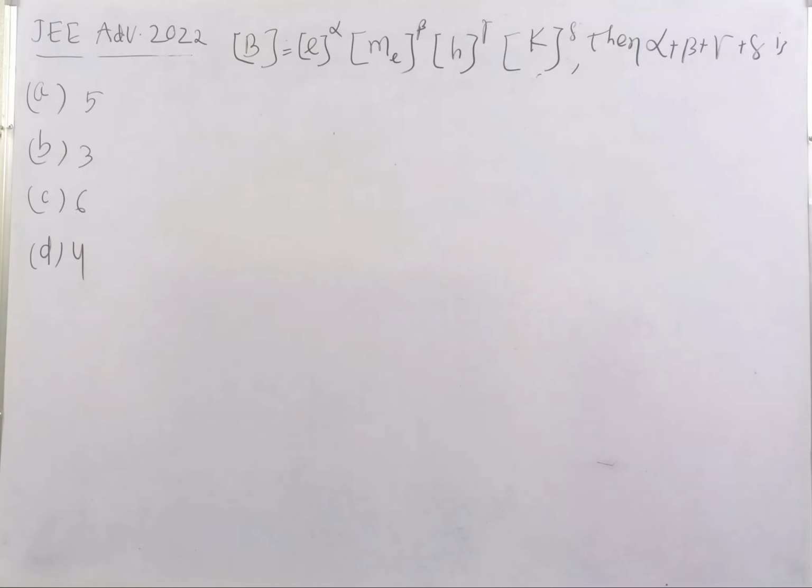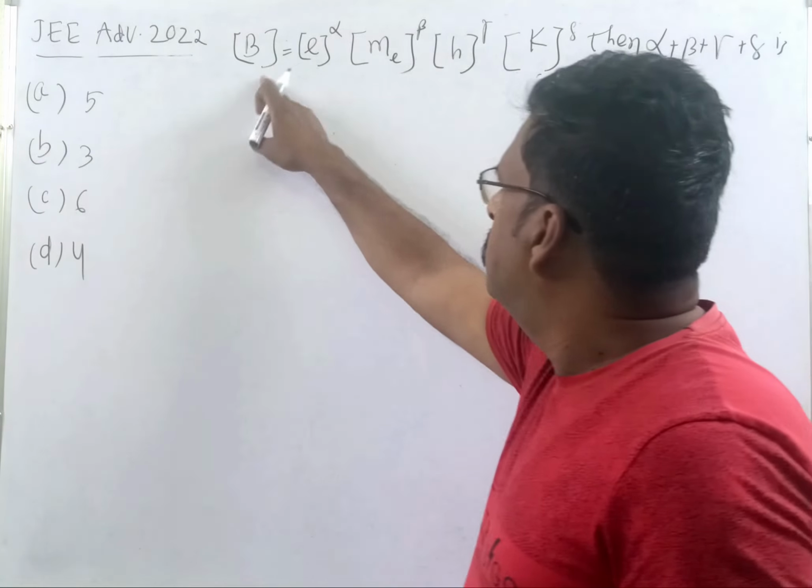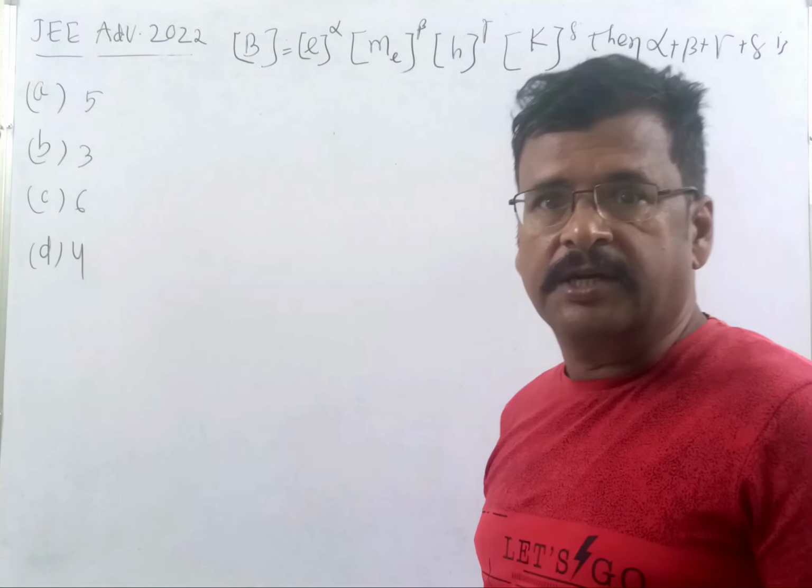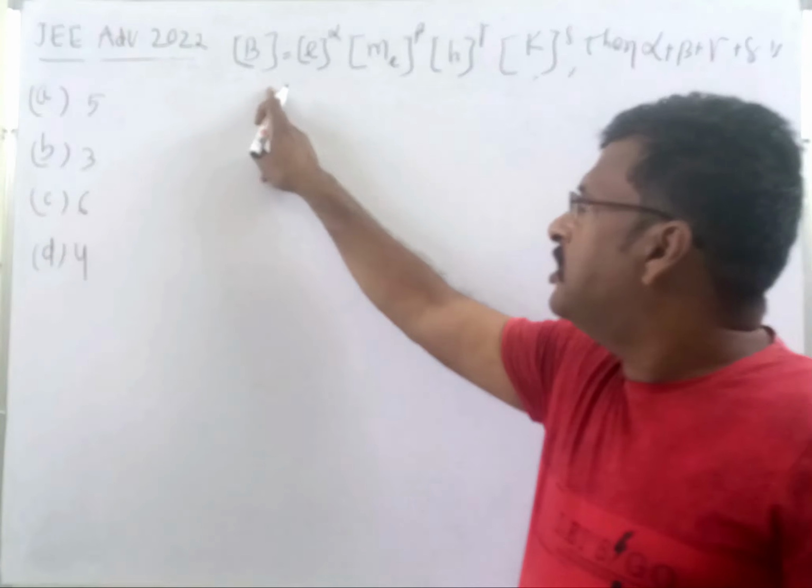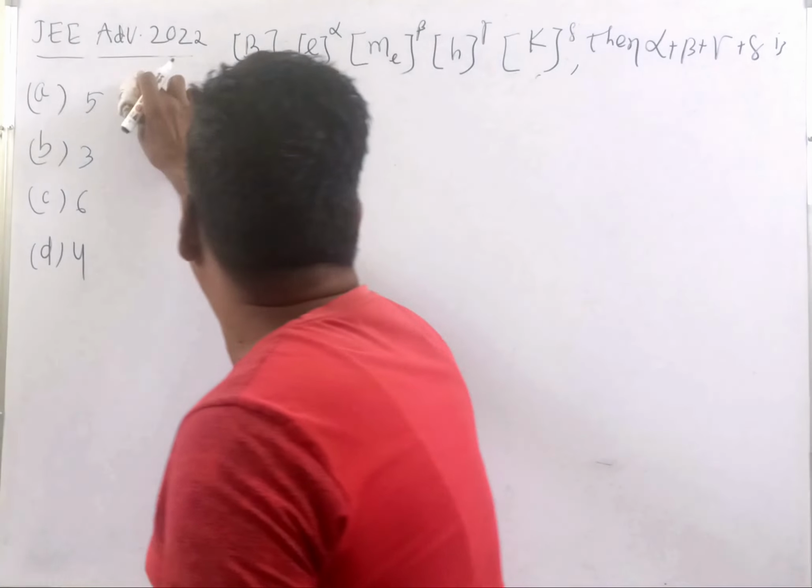Let us find out. Students, we have to first find out the dimensions of these 5 physical quantities. Okay, students, what will be the dimensions for magnetic field B?